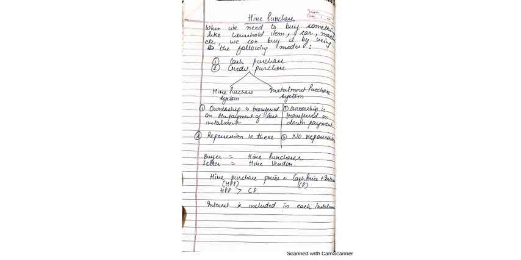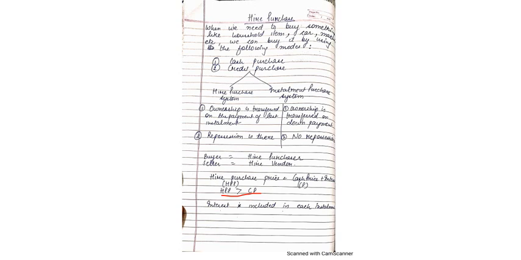So hire purchase price will always be greater than the cash price, right? Hire purchase price will always be greater than the cash price because it includes cash price plus interest. So interest is included in each installment, right?